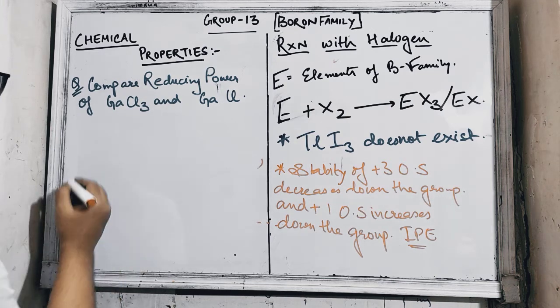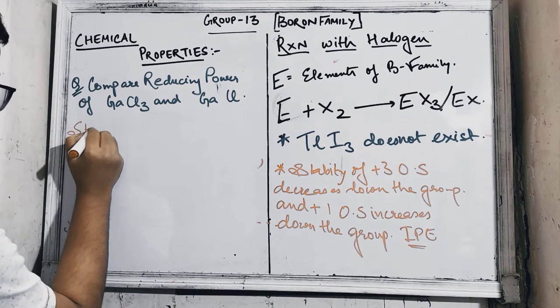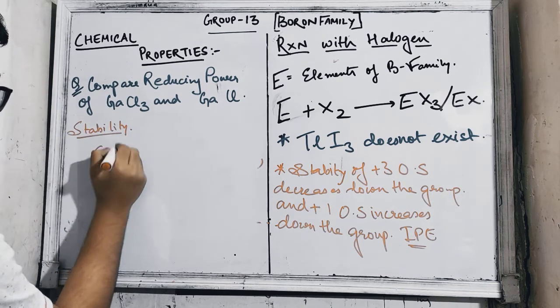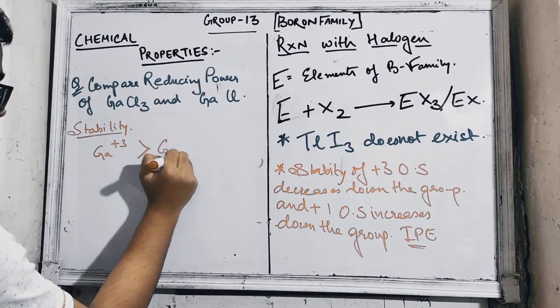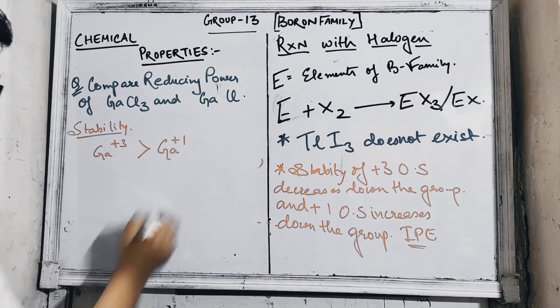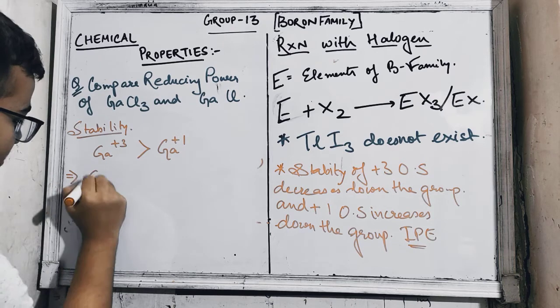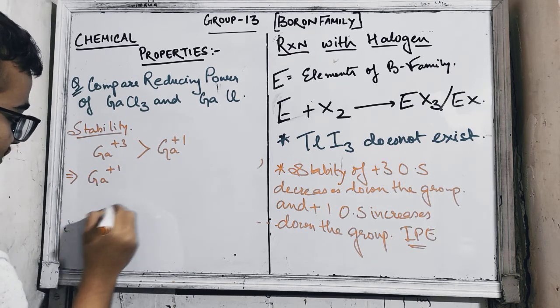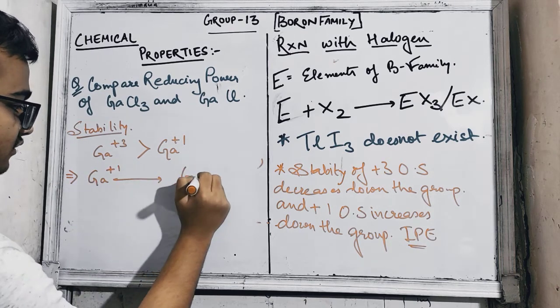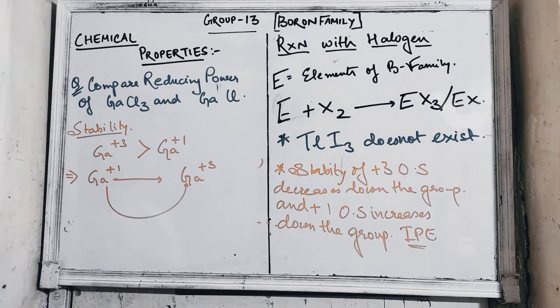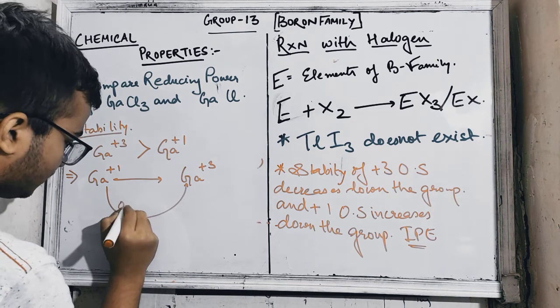Now we know we have to do it this way. Stability: we know the stability of Ga+3 is much more than Ga+1, right? So Ga+1 will have a tendency to get oxidized and converted to Ga+3, right? So it will go there and get oxidized.